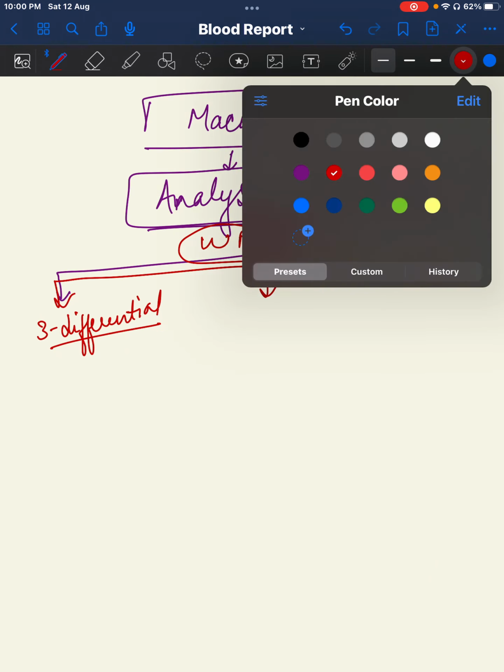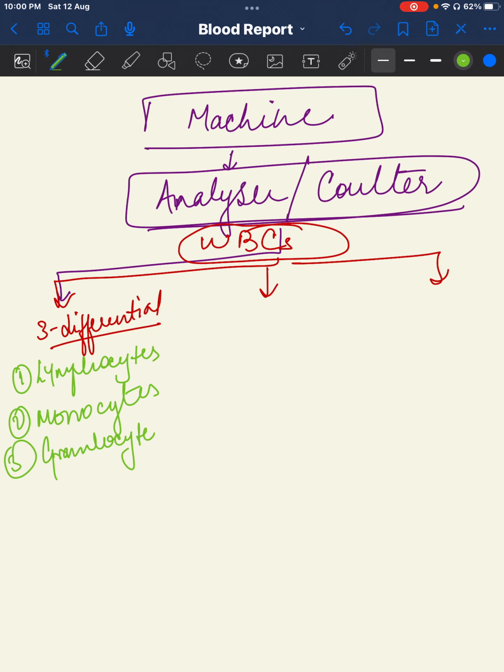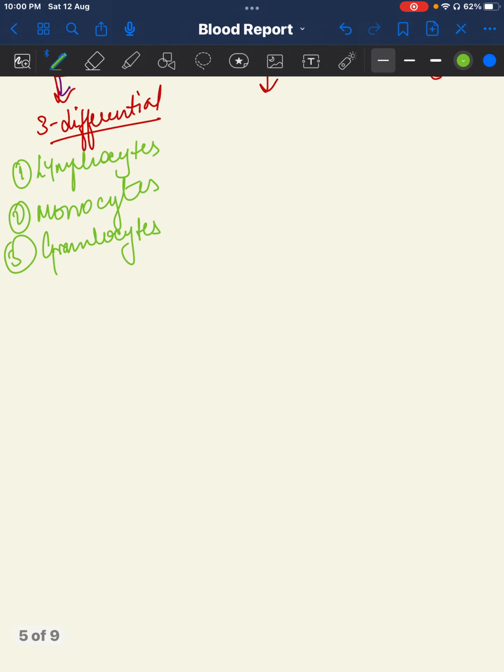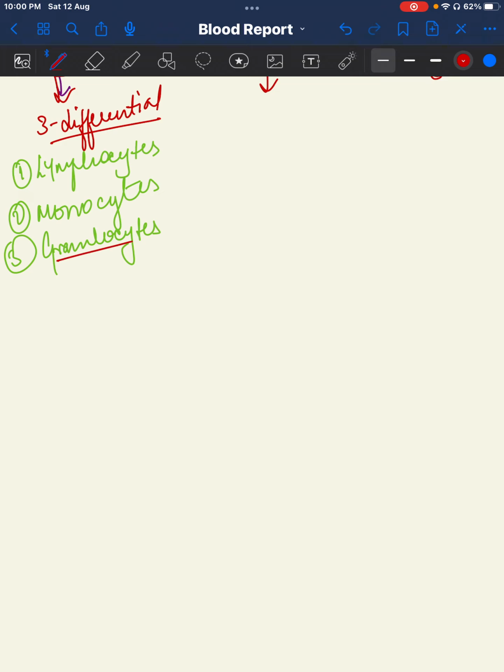So what these three differentials are: lymphocyte, monocyte, and granulocytes. Okay, then this machine has just combined the granulocytes like eosinophil, neutrophil, basophil together. Now this machine becomes your three part.